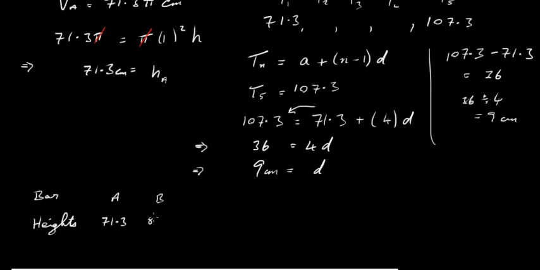This is in centimeters. Bar C, we just add 9 to that, so that's 89.3 centimeters. Bar D, add 9 to this, that will give me 98.3 centimeters, and finally we know bar E is 107.3.